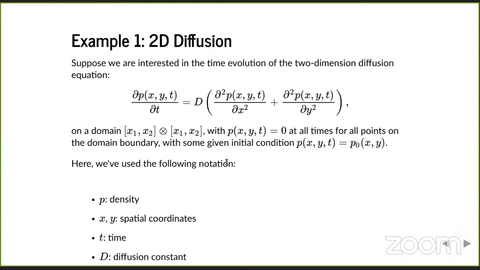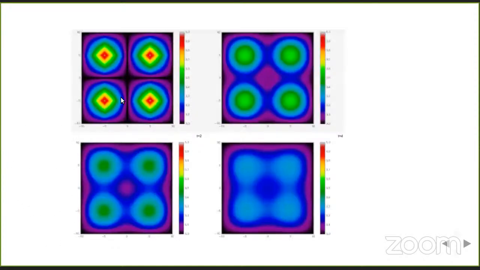It's on a square domain, and so the way this is going to look when we solve it, just taking some snapshots, is kind of like this. So the top left one here is the original situation. You can think of it as a stove with 4 burners, and we've switched it on, and then they're all hot. So these are the 4 hot spots, and then we switch it off at time 0, and we see how the stove cools down.